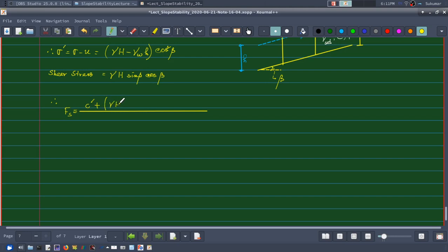Sigma dashed is gamma h minus gamma w into small h into cos square beta, cos square beta tan phi dashed.